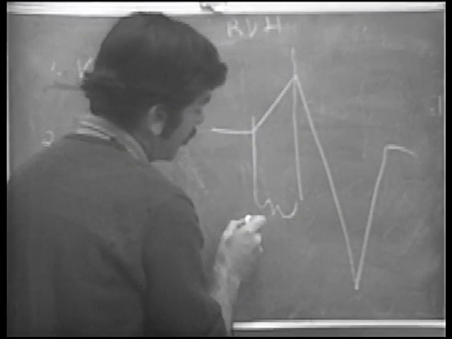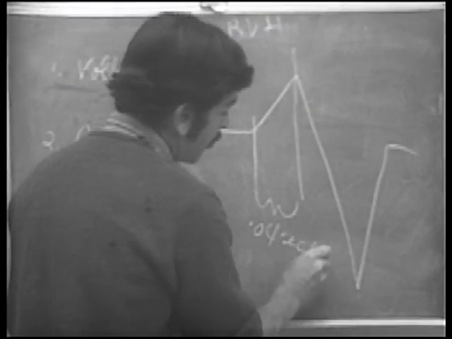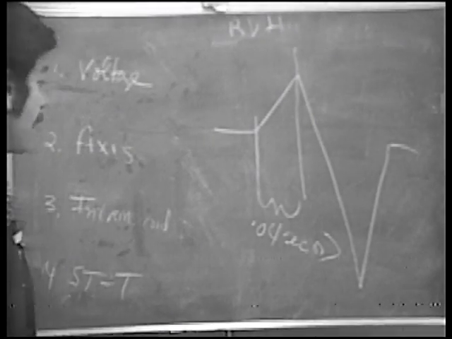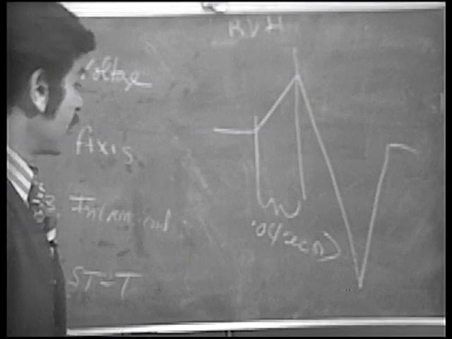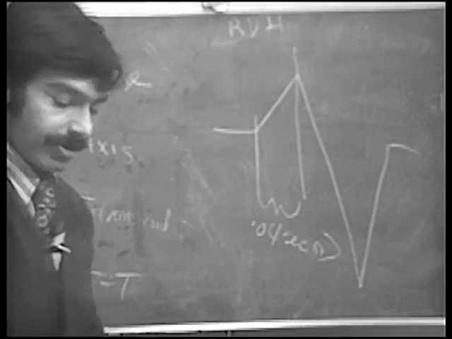And this should be 0.04 seconds or greater to meet the criteria for RVH. Okay, so that's the intrinsicoid deflection.